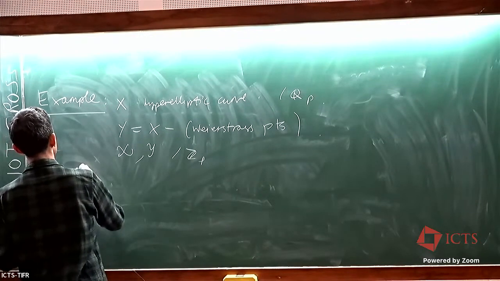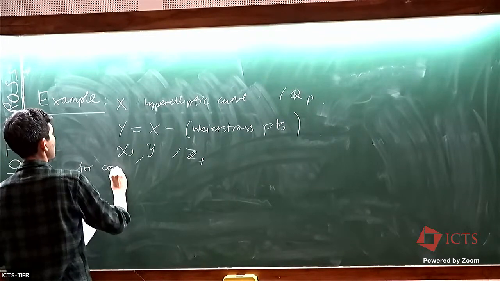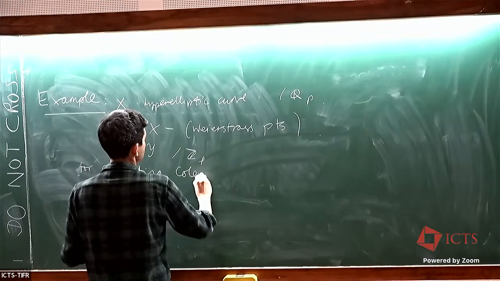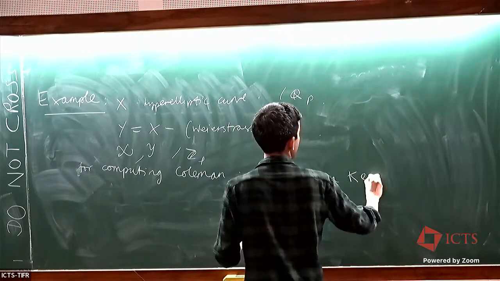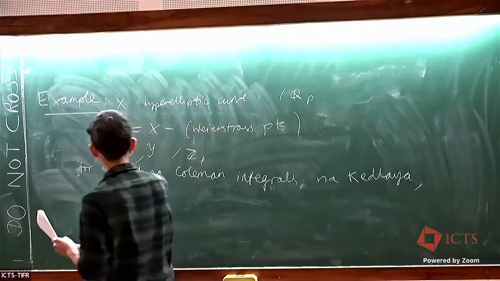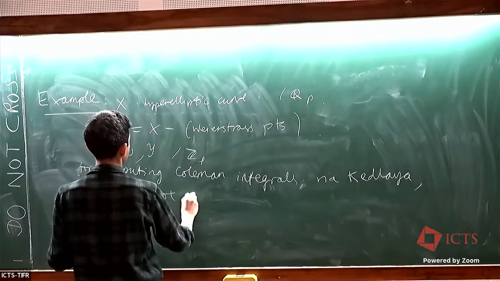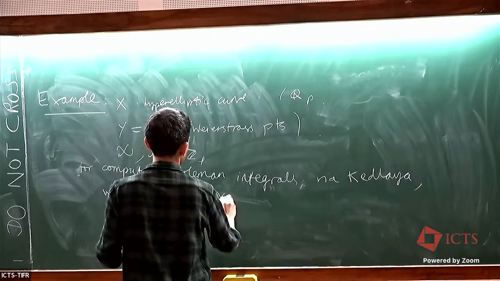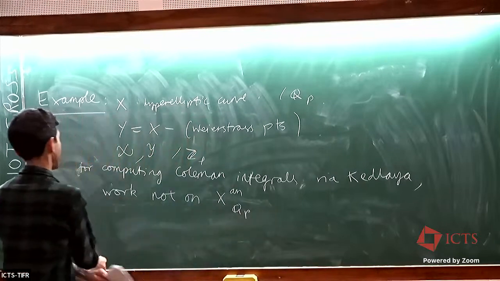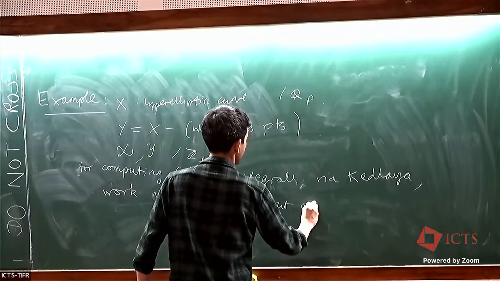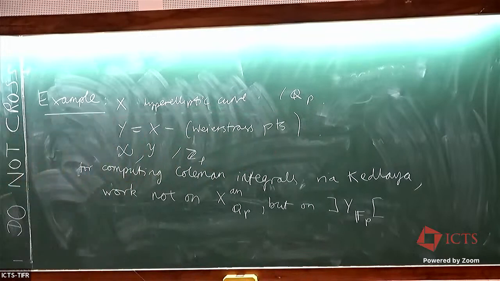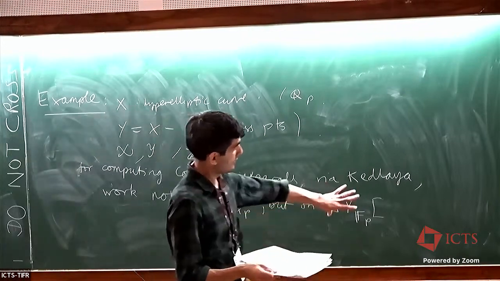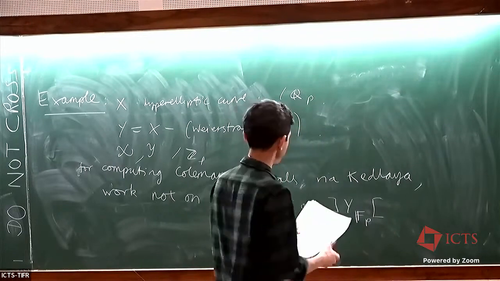So we actually had to work, like Kedlaya, not on what we might think, which is the analytification of X over Q_p, but on the tube of the special fiber of Y. And in fact, as will come up later, we worked not on this space, but a slightly larger space, because of this issue of overconvergence.